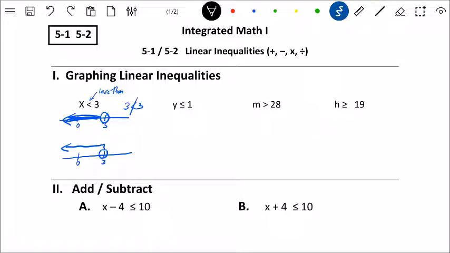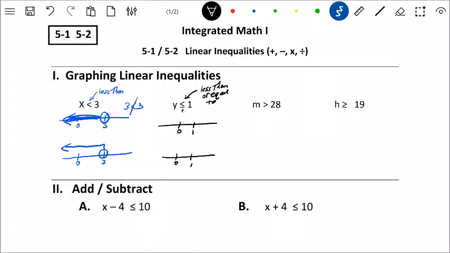Let's do that over here with y is less than or equal to 1. So let's say here's 0 and here's 1. I'll do it with both of these, 0 and 1. This one, because it has the little equal sign, half of the equal sign is underneath there. That means it's less than or equal to.